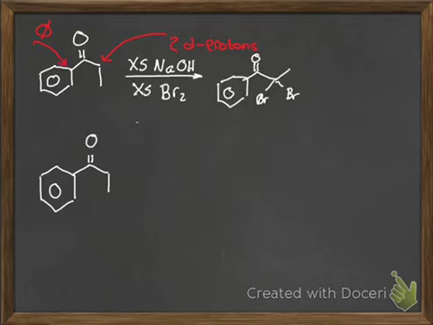So now, let's see how. Remember, we are using the base-mediated pathway here. So first step is we deprotonate the ketone, that alpha carbon. We form the enolate.